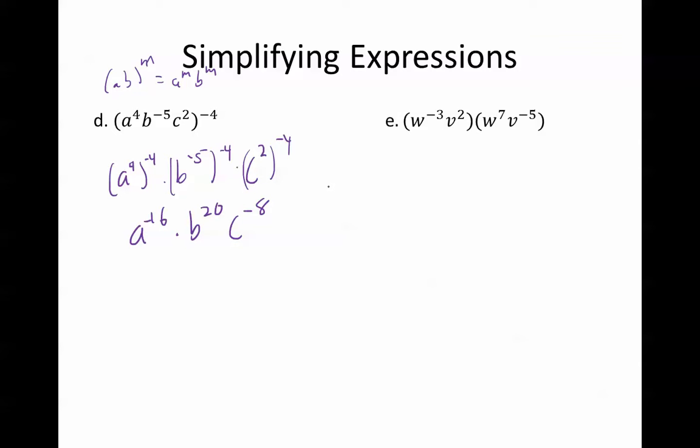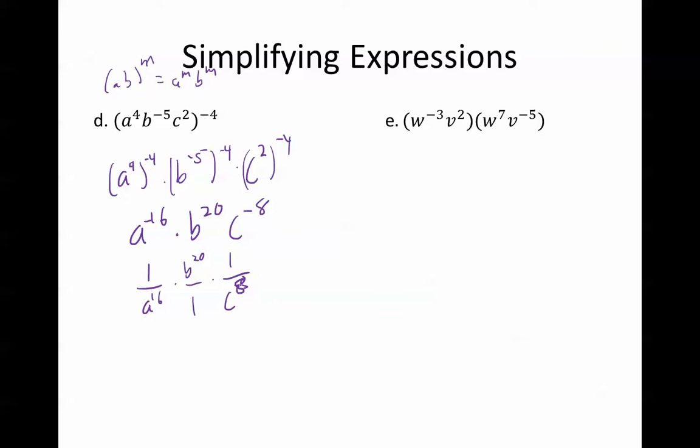And everything looks really good here, but I've got these negative exponents that I've got to deal with. The a to the negative 16th becomes 1 over a to the 16th. The b to the 20th stays in the numerator. Notice how I'm putting it over 1. And the c to the negative 8, that's going to move down to the denominator. Again, negative exponents make a reciprocal.